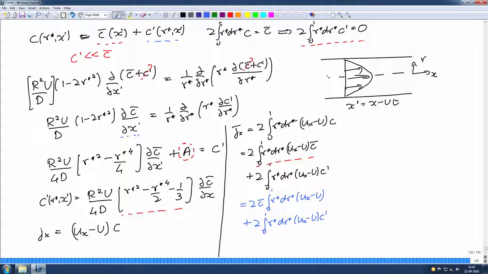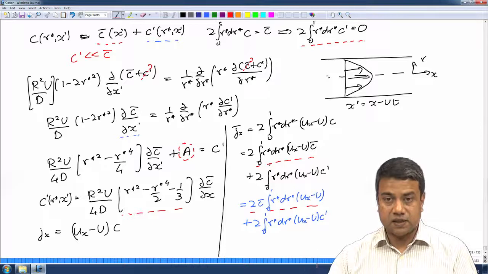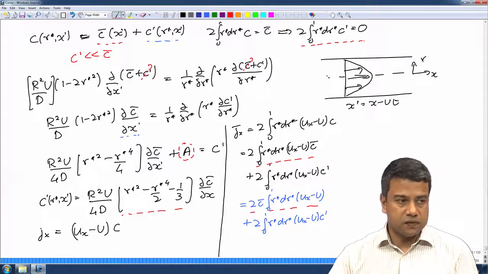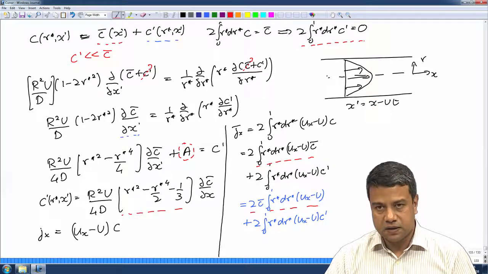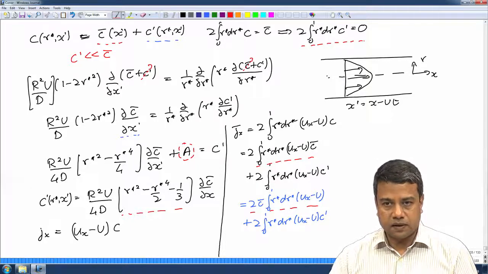This first term has to average to 0, because I am taking the local velocity minus the cross sectional average velocity and integrating it over the cross section. Because c bar was independent of radius, it came out of the integration.